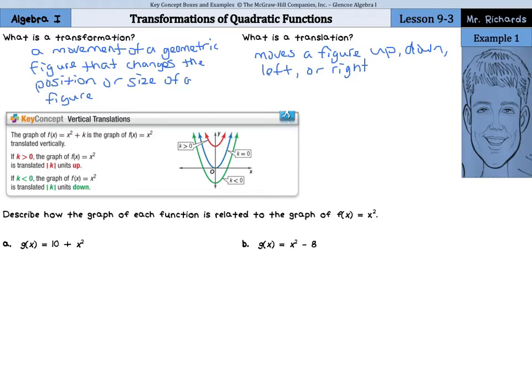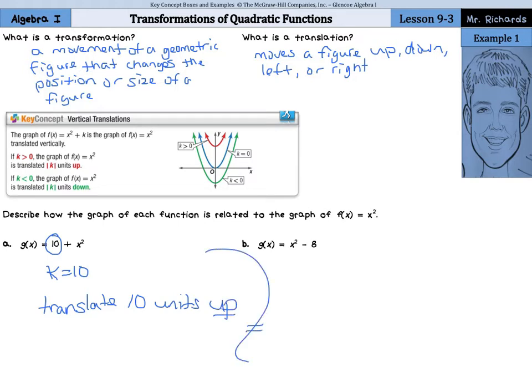So describe how the graph of each function is related to the graph of f of x equals x squared. Well, if we look at our 10 here, our k is 10, and that is greater than 0, so we're going to be translating up. And so we will translate 10 units up.